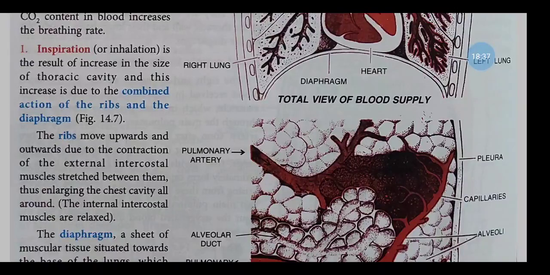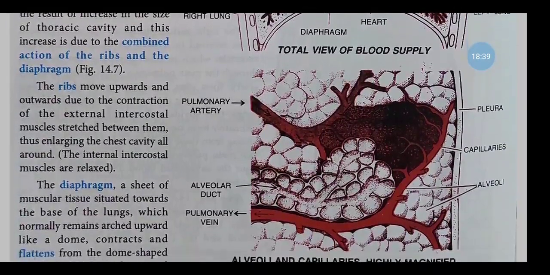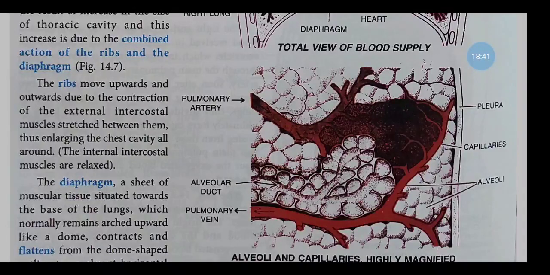The diaphragm is a sheet of muscular tissue situated toward the base of lungs.